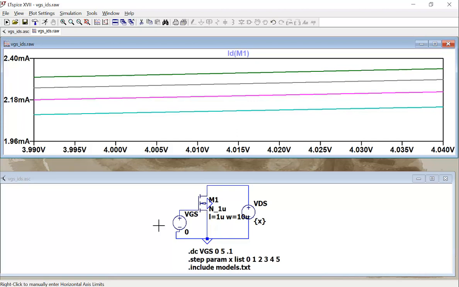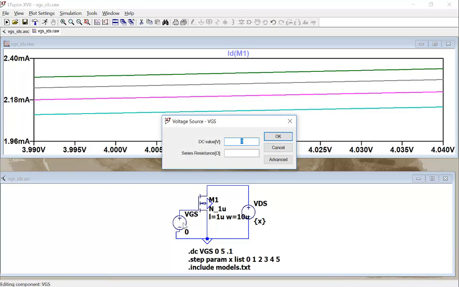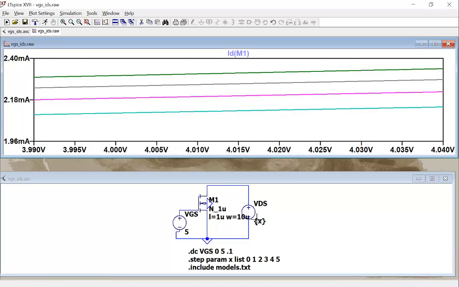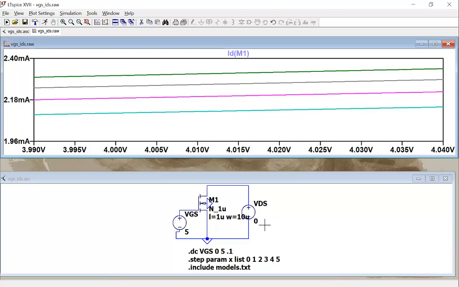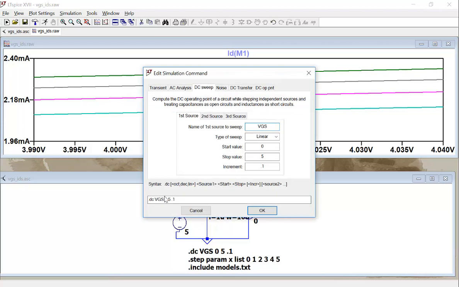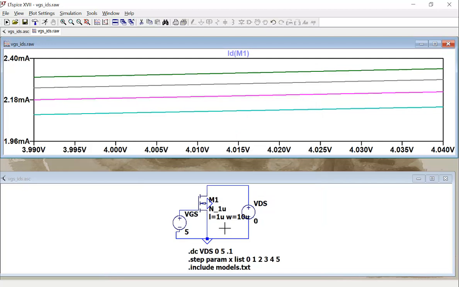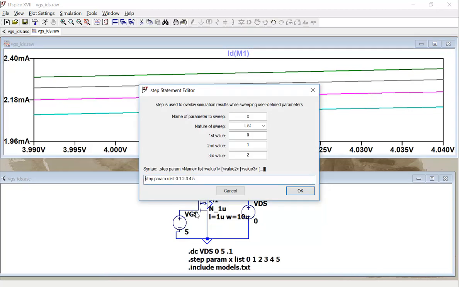Okay, so this is for sweeping VGS. What if we put 5 volts for VGS, and we're sweeping VDS, so we just put a 0 there? It doesn't matter, it's going to override it. And we change the parameter to be VDS. I don't want to use this step function for this simulation, so I'll just add an asterisk in front of it.